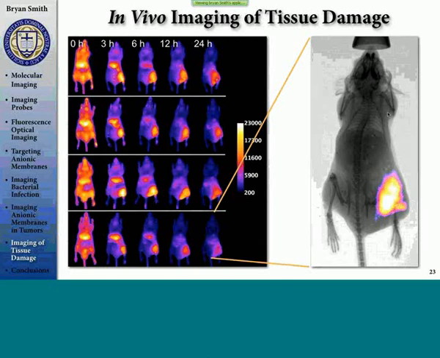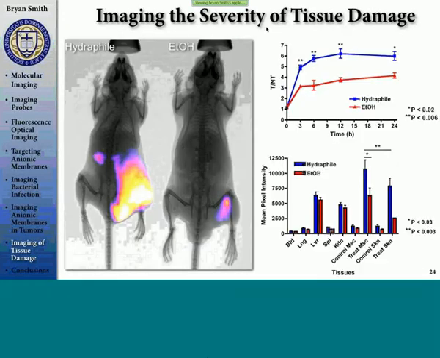I also wanted to determine if we could detect the severity of tissue damage. So using both a hydrophile, and then I also used ethanol in a series of mice, and I compared them to each other. So this is just 24 hours after our probe injection.